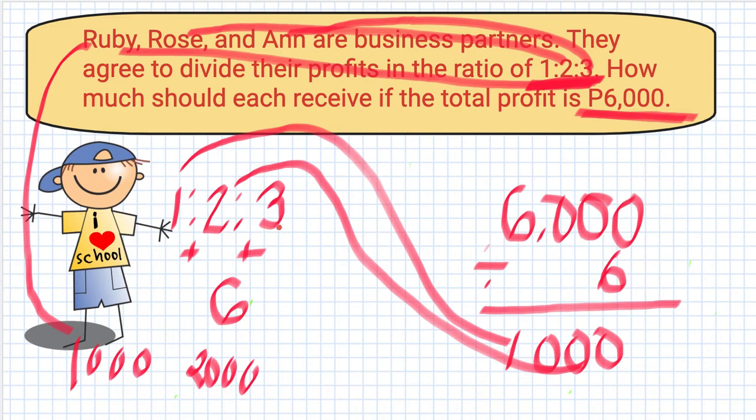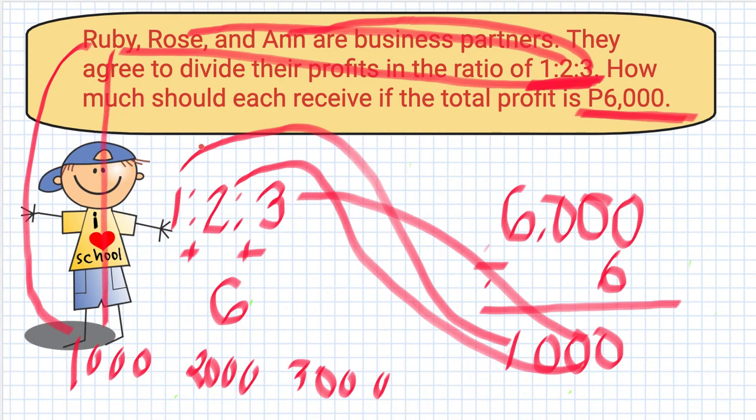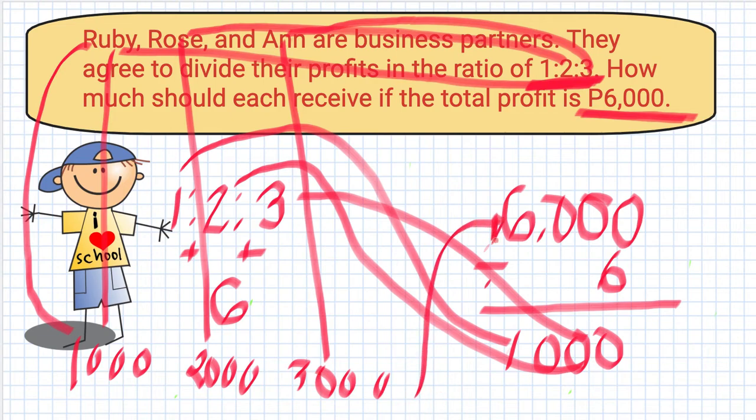Share 3 is for Anne, so 1,000 times 3, Anne will receive 3,000. So 1,000 plus 2,000 plus 3,000 is 6,000. We were able to divide their share correctly.